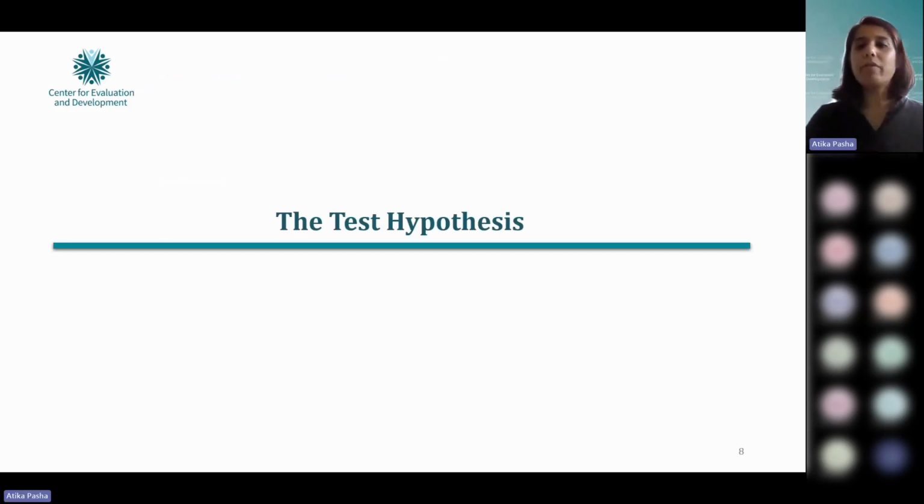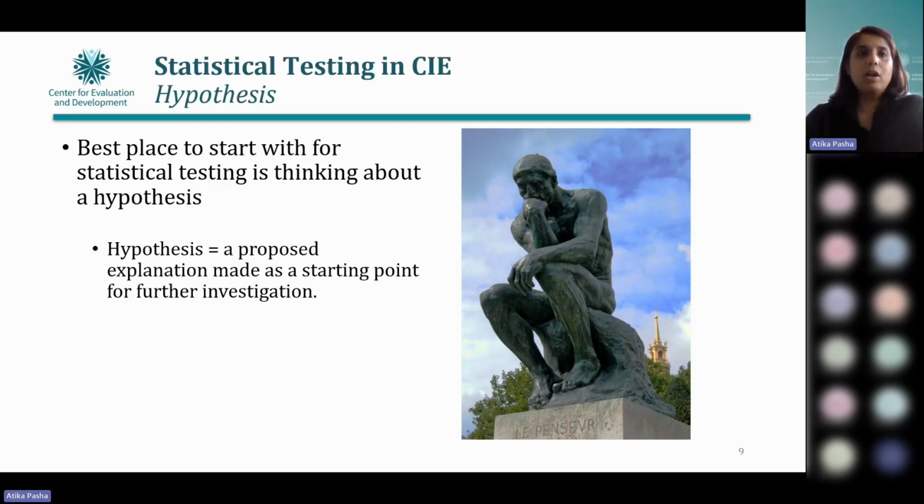Right. So let's talk about the hypothesis that I've mentioned a couple of times already. The best place to start thinking for your statistical testing, as I said, is always to think of a hypothesis. And now, what is a hypothesis?